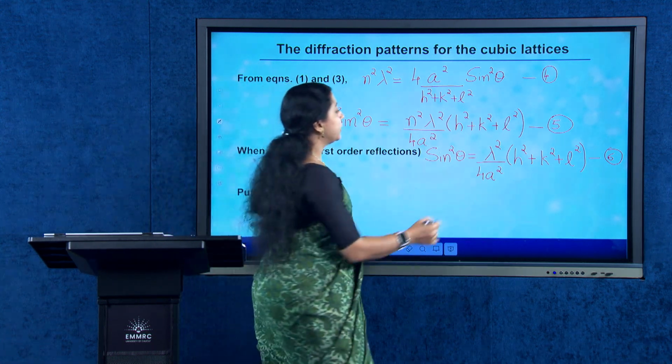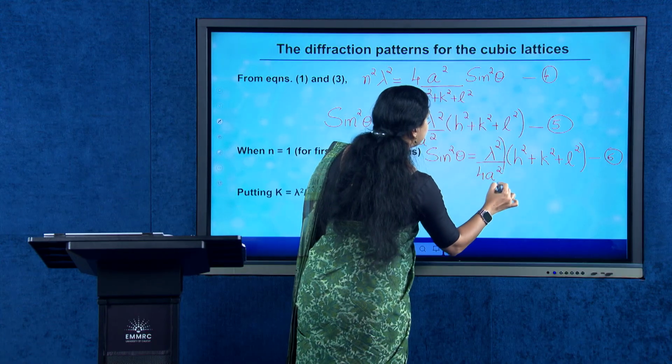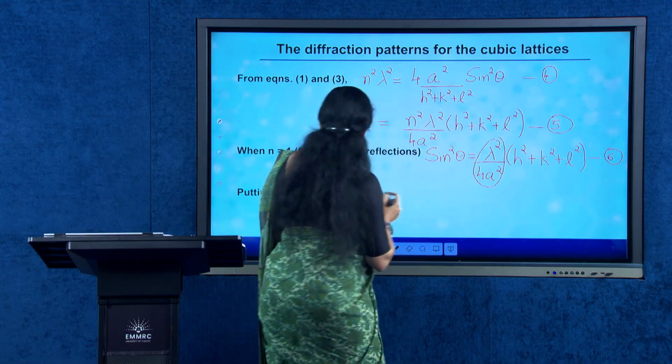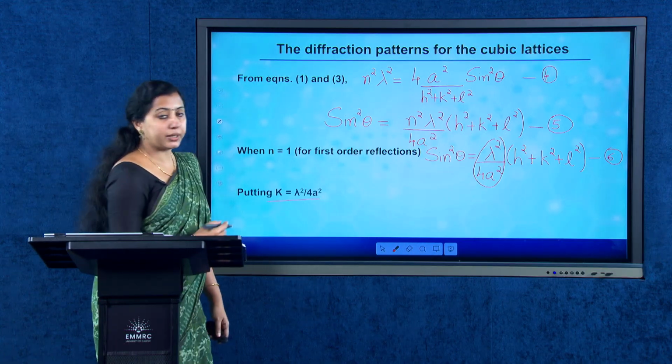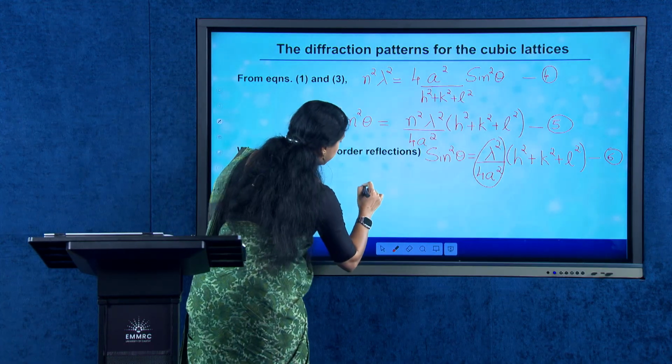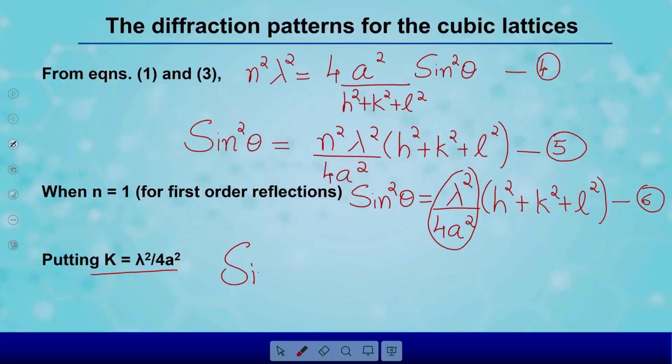So, if we put lambda square by 4 a square is equal to capital K, that is K equals lambda square by 4 a square, then this equation becomes sin square theta is equal to capital K into h square plus k square plus l square.